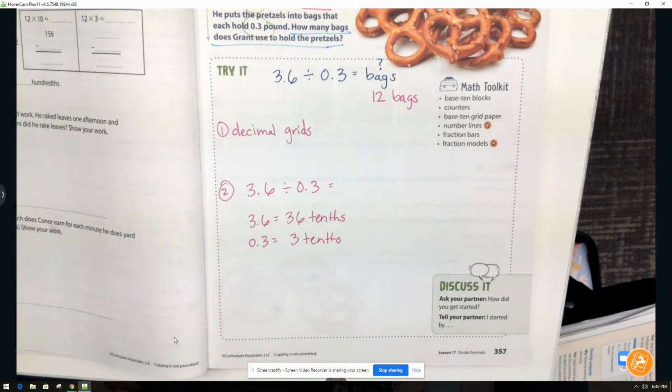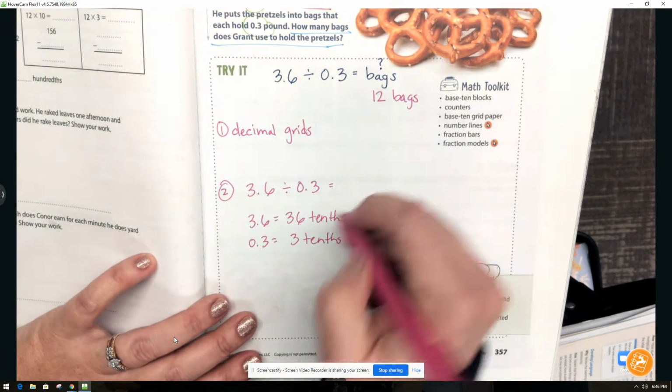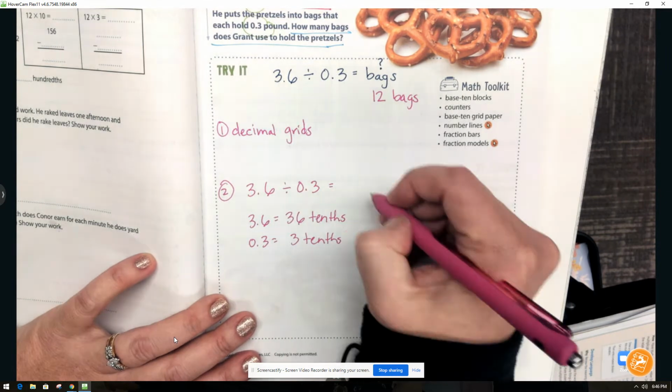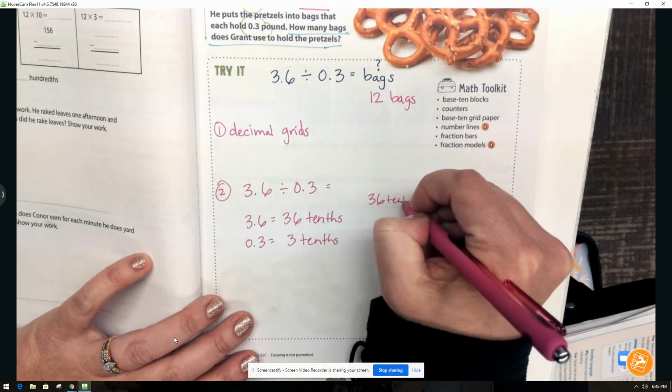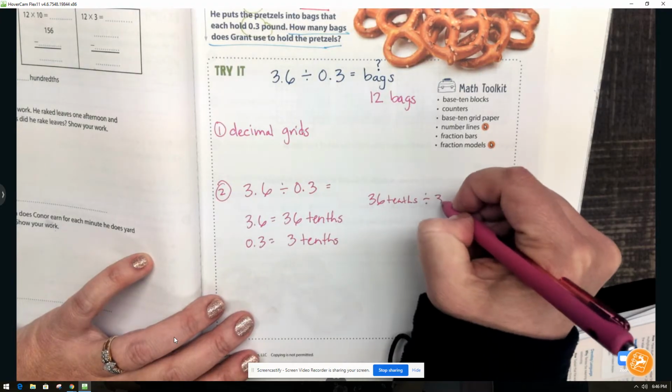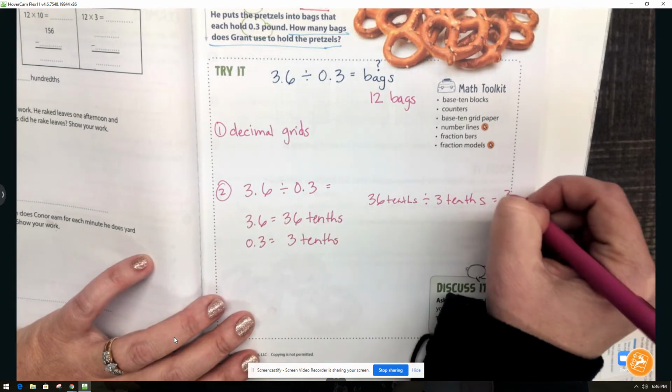Now, once I have my two whole numbers, then I can say, all right, well, I know that 36/10 divided by 3/10 equals what?